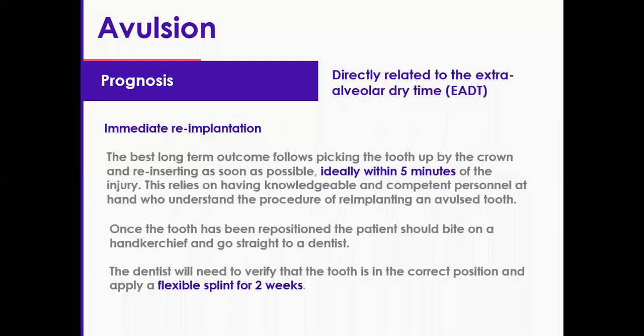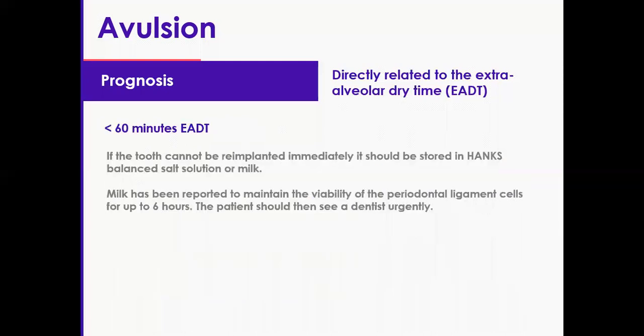Then on presentation, when the patient comes to the dentist, you verify the position and put a splint on for 2 weeks. But this immediate repositioning is really a community thing, a 5-minute rule. So you need to educate your patients and the families, and also the schools, the sports clubs and all that. We really need to do this community education.